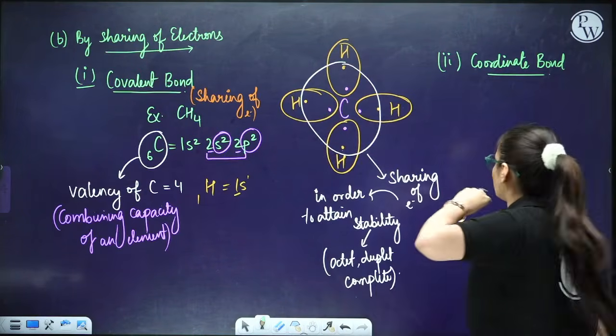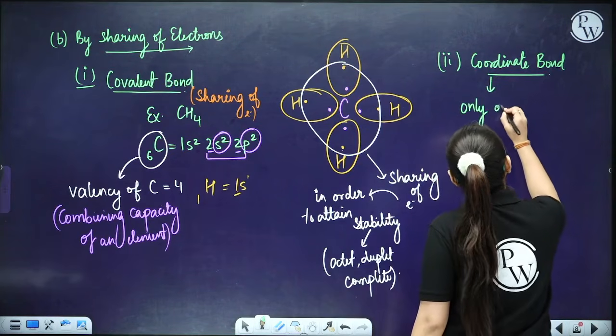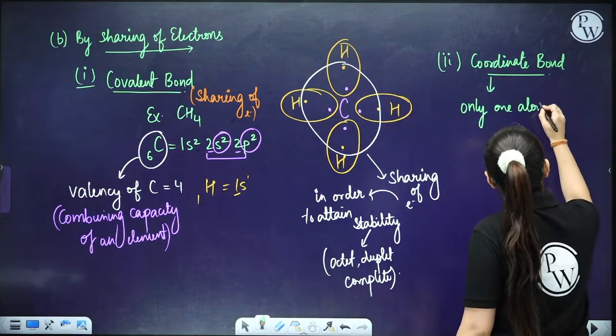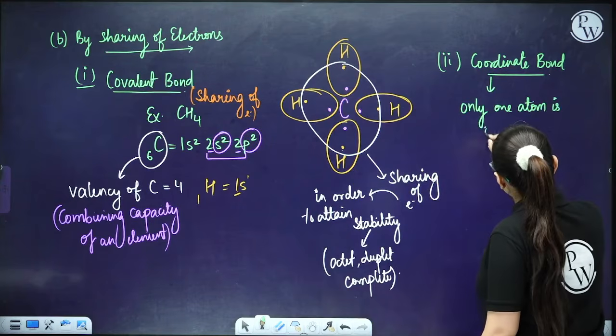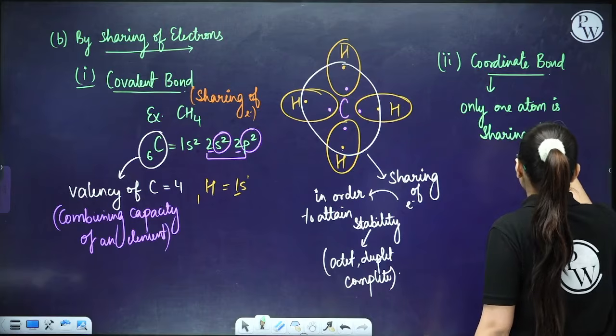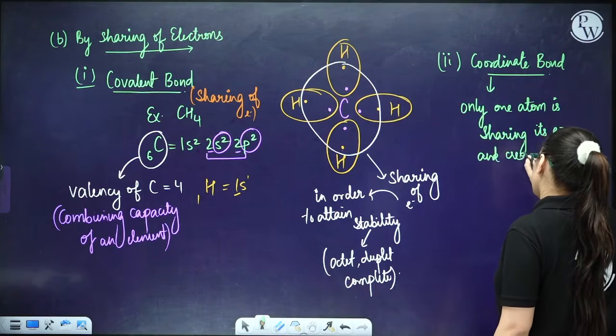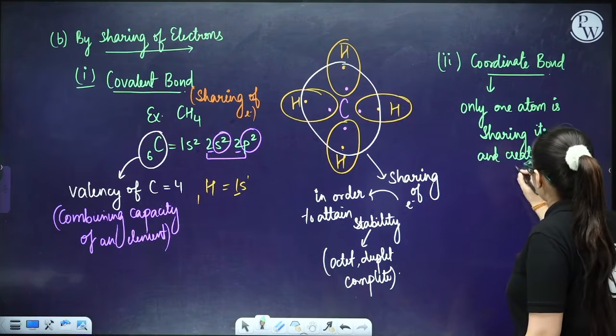So in coordinate bond, only one atom is sharing its electrons and creates a bond.